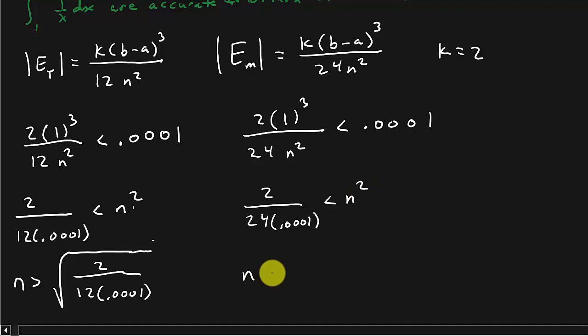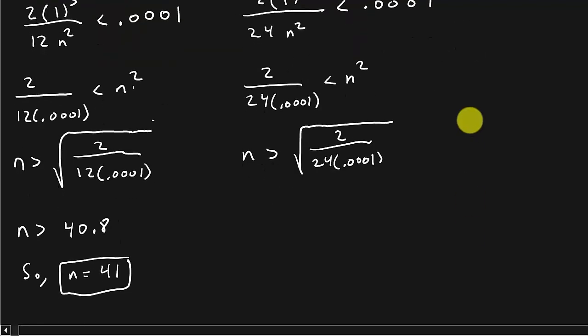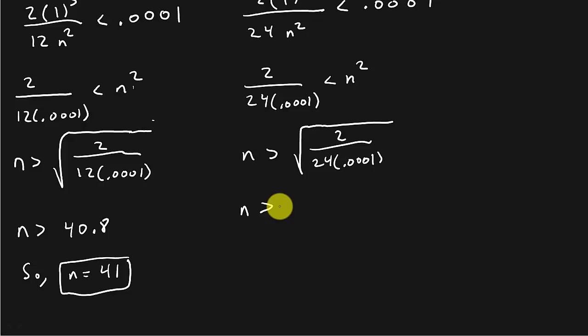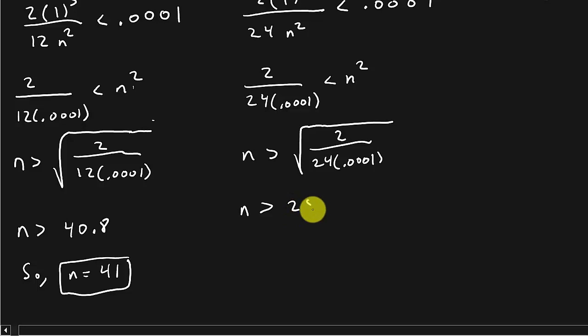So I get n is greater than the square root of 2 over 24 times 0.0001. When we plug that in, I get 28.9.